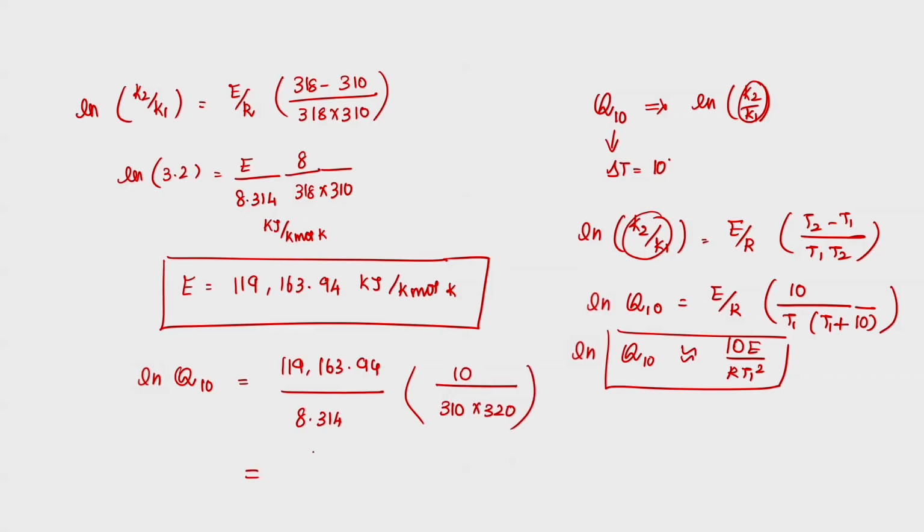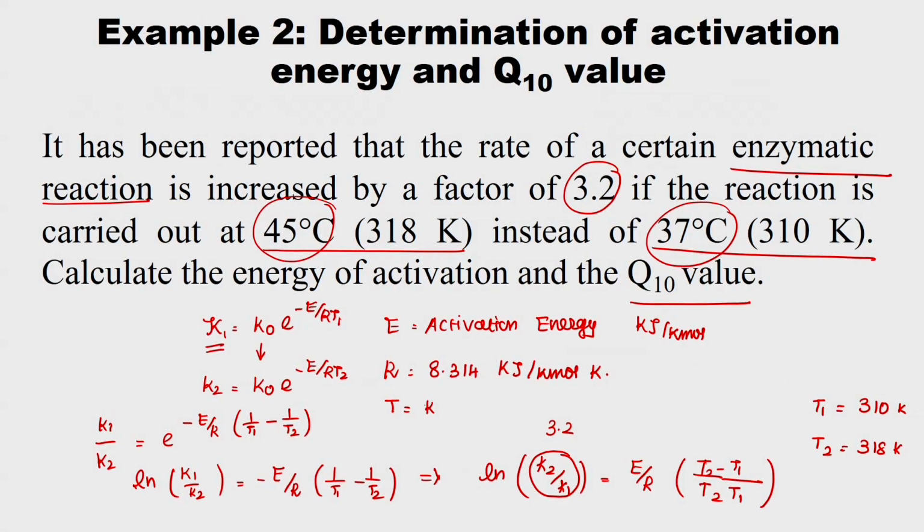So, this value turns out to be 4.24, right. They have calculated the quotient at 8 degree temperature difference, 318 and 310, and that turns out to be 3.2, now it turns out to be 4.24. So, now we know for a particular reaction how to calculate the quotient when temperature difference is 10 degree, and also how to calculate activation energy.